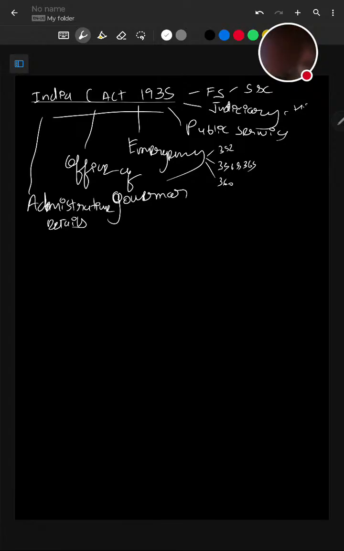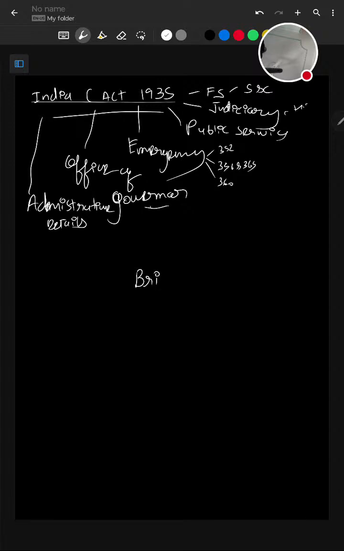Then office of the governor. The governor is like the president of the state, their respective state. Then administrative details. Now, going on to the British, who ruled over us the longest.